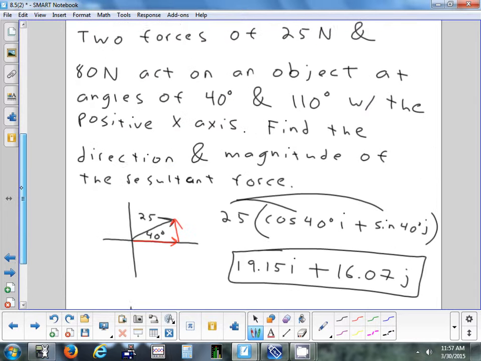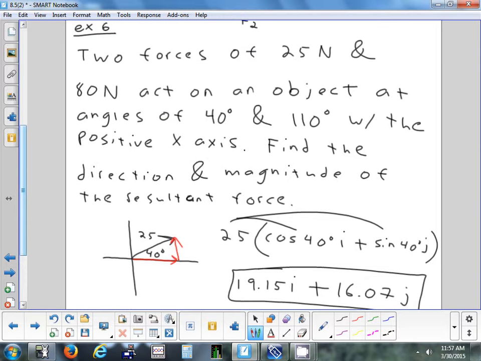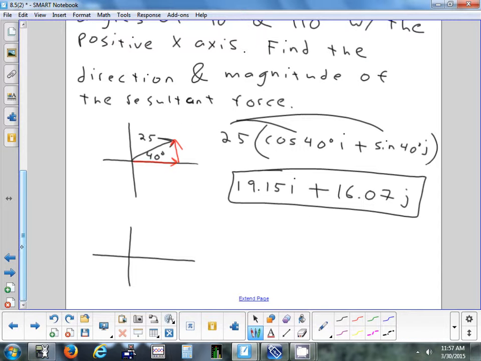Do the same thing one more time. Our other force is 80 newtons at 110 degrees. Remember, this is 90. So we're going to think of one of them as going negative this time. Okay, so we're at 110 degrees right there.